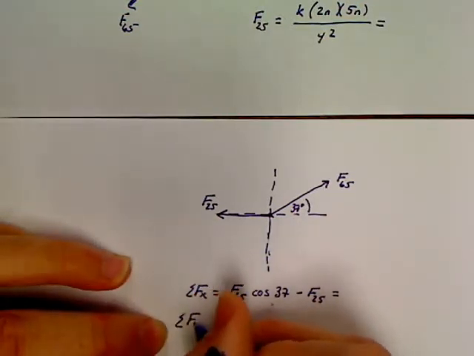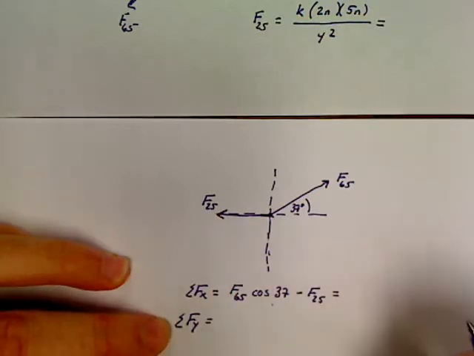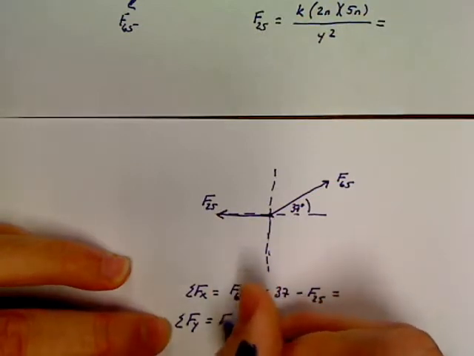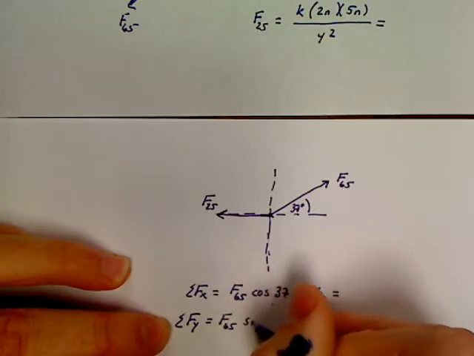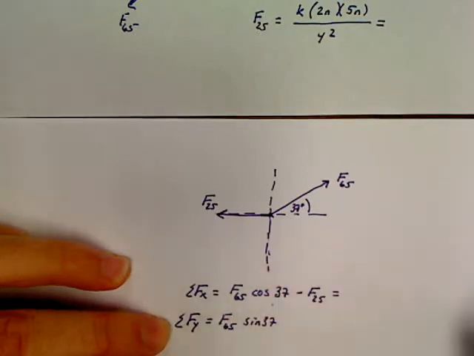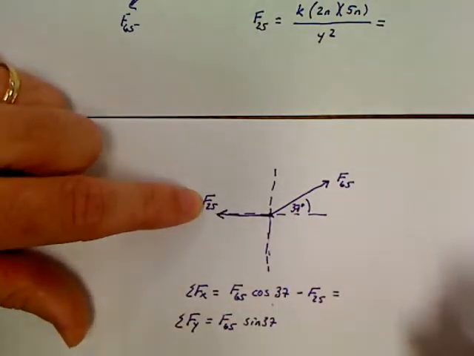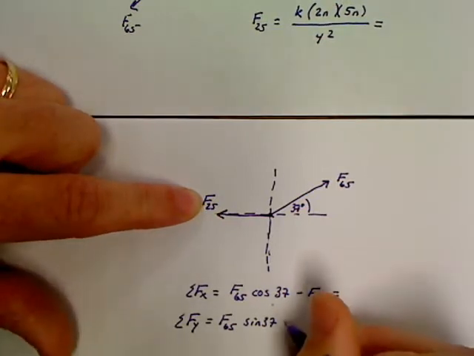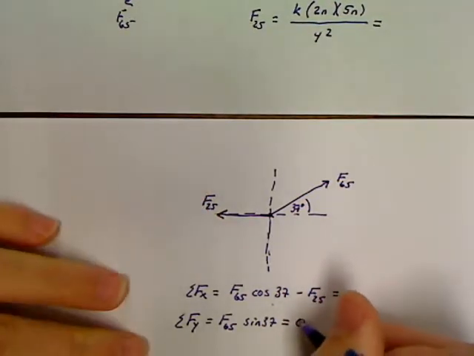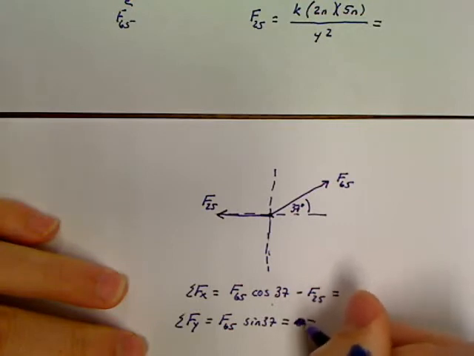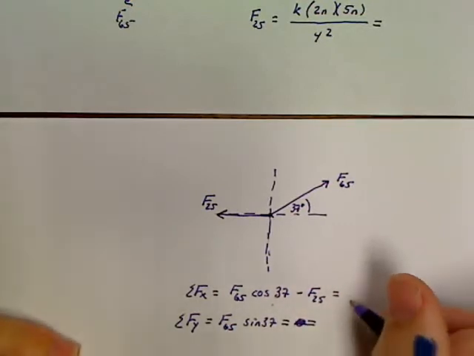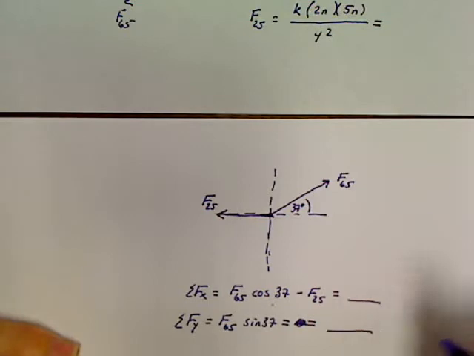Sum of the forces in y would be equal to F65 sine 37, and this one doesn't have a perpendicular component, so that's just equal to whatever it's equal to. So you should have a value here and a value here.